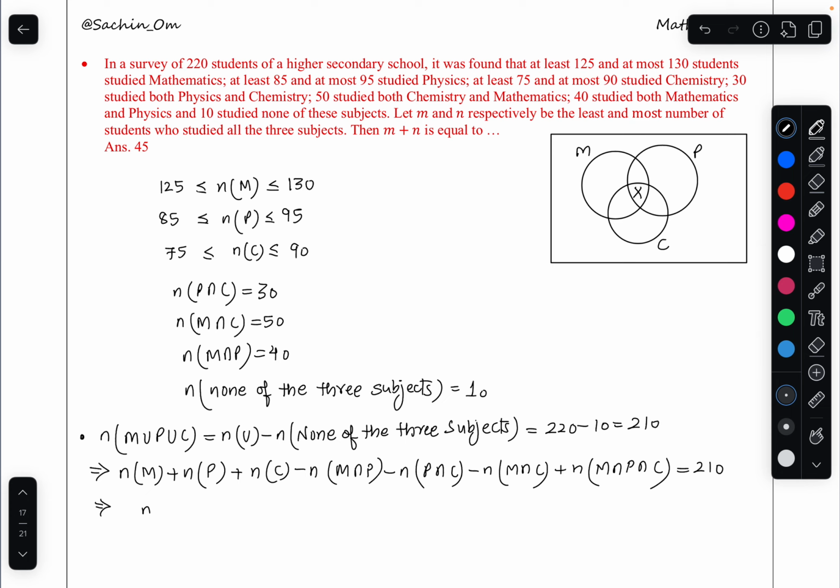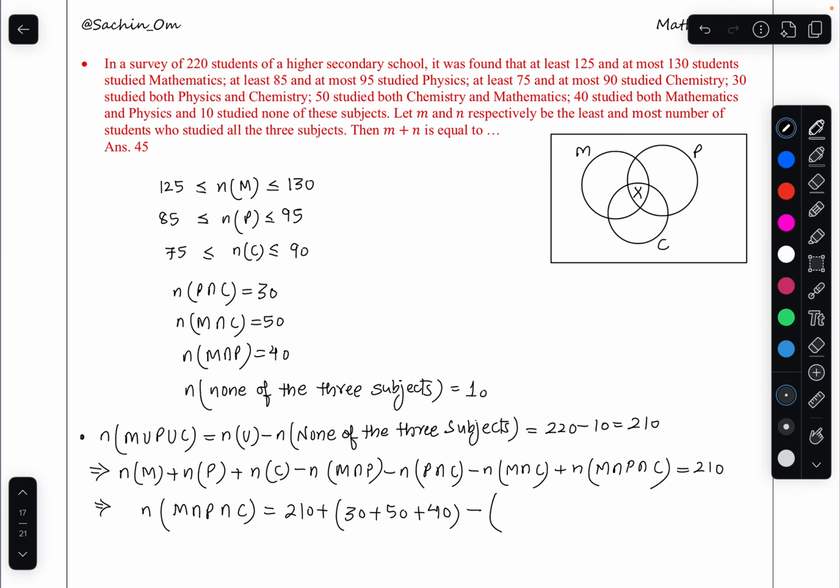So for the number of elements in M intersection P intersection C, I'll shift everything to the right side now. The quantities related to these sets, I know them all. So 210 is there, plus M intersection P, P intersection C, M intersection C, that would be 30, 50, and 40.